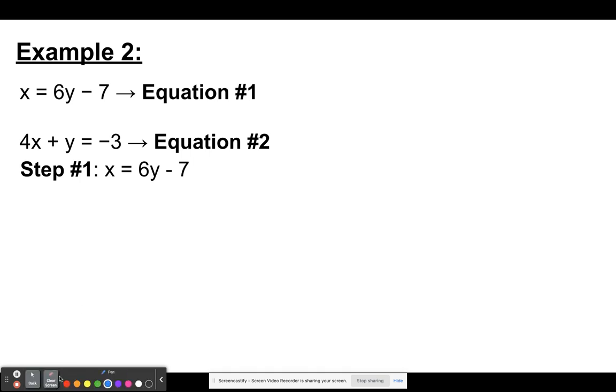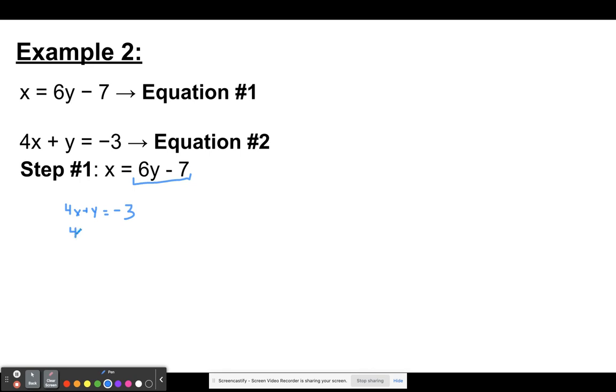Okay, so taking that first step, here it says x is equal to 6y minus 7. That means when I'm using the second equation, 4x plus y is equal to negative 3, anywhere where I see an x, I should be replacing it with 6y minus 7.